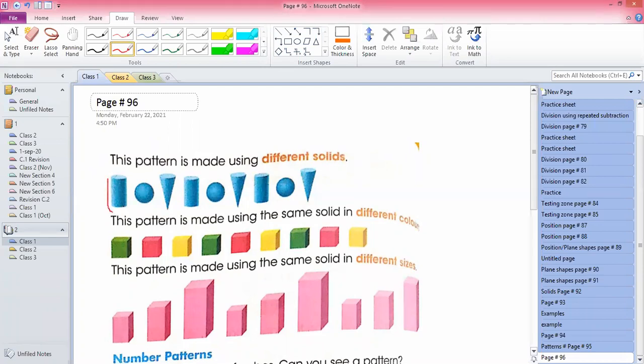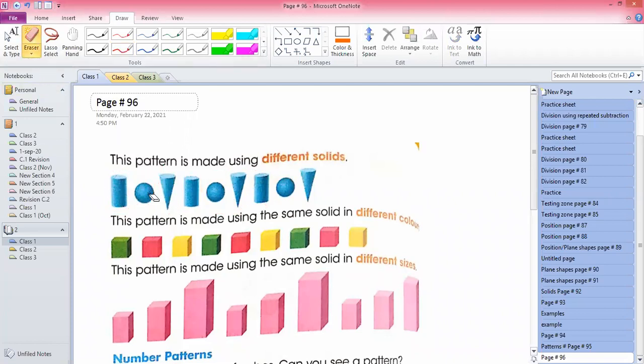This is a cylinder. This is a sphere. And this is a cone. So you can see, then again this is a cylinder, again sphere, and again cone, again cylinder, again sphere, and again cone.